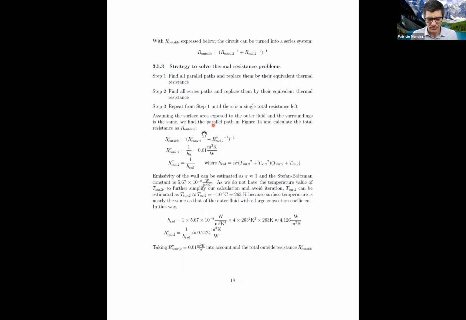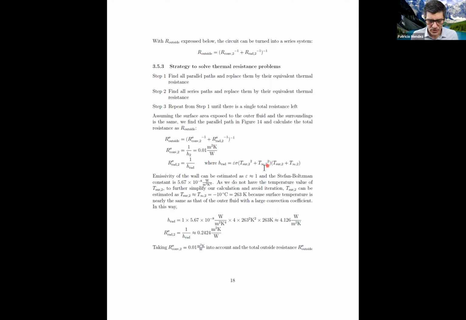So let's look at resistance of the outside that accounted for convection and radiation. Convection, we already said, 100 watts per meter square Kelvin. So the resistance is 1 over that, 0.01. And for radiation it is 1 over h rad. And h radiation had this expression here.